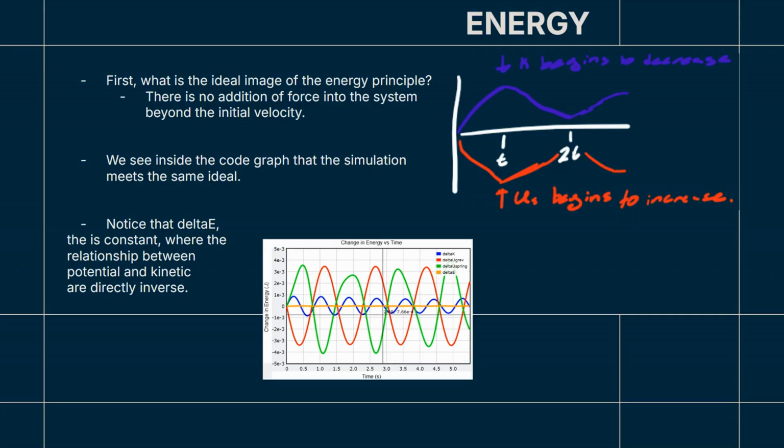We see that they are at equal positions along the graph, which will lead to this delta E, which is the relationship between these two, where it meets at one constant flat line, since they are directly inverse.